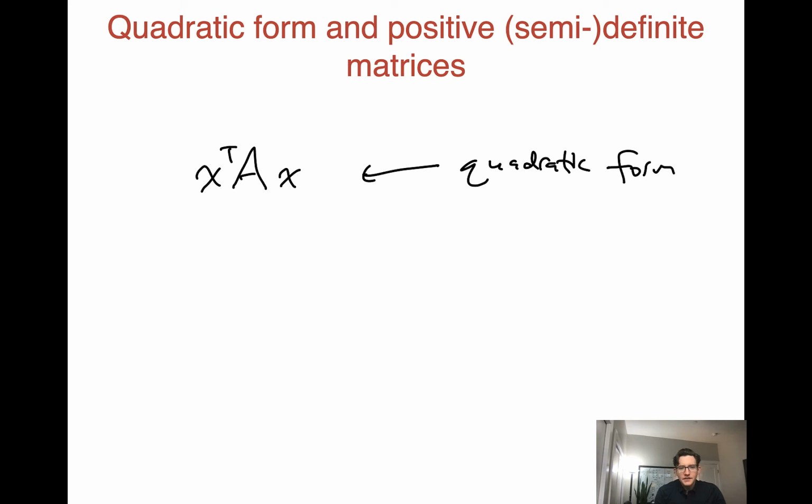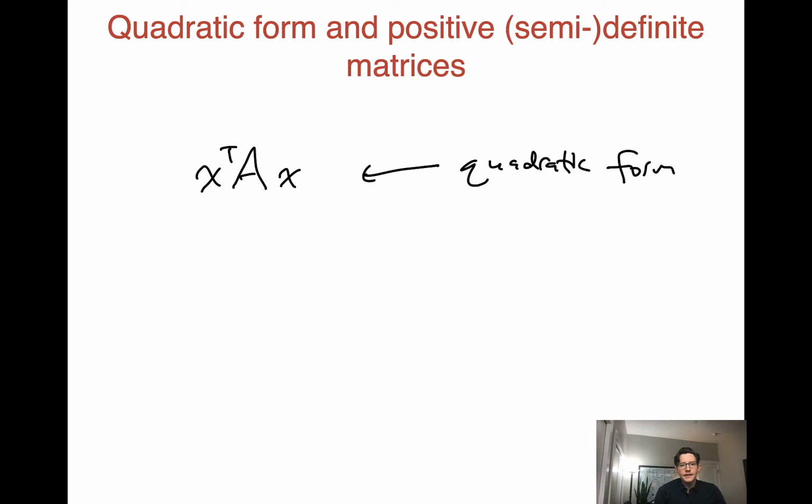We're going to see this a lot. It's going to come up, for example, in a multivariate Gaussian. By the way, here A is a matrix and x is a vector. We'll see why it comes up so much, but let's look at some properties of this quadratic form first.